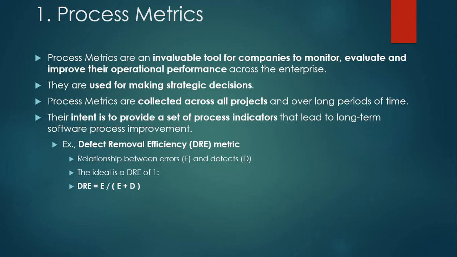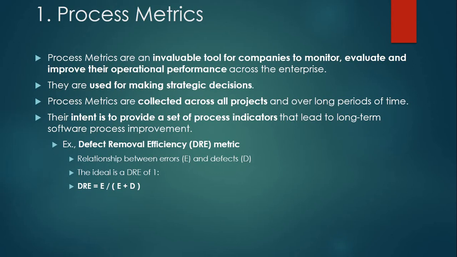They are used for making strategic decisions. Process metrics are collected across all projects and over a long period of time. Their intent is to provide a set of process indicators that lead to long-term software process improvement.